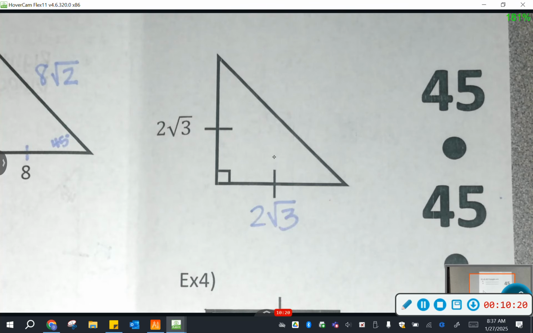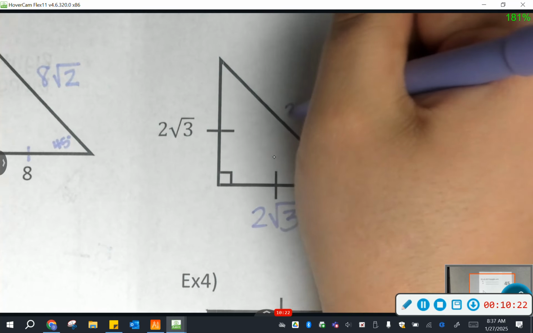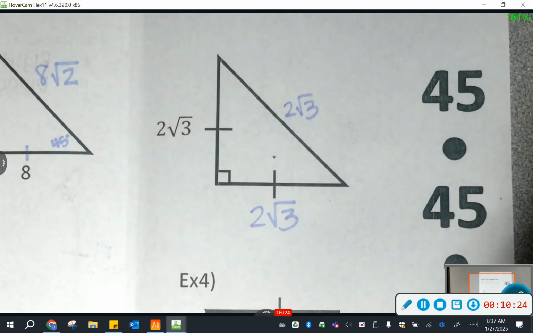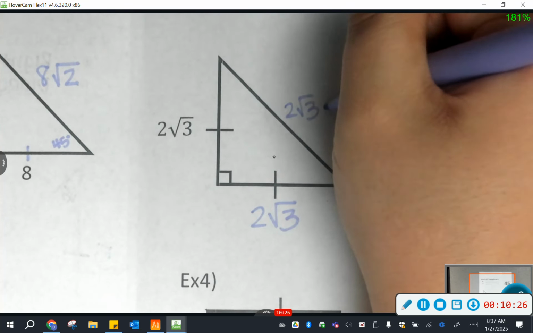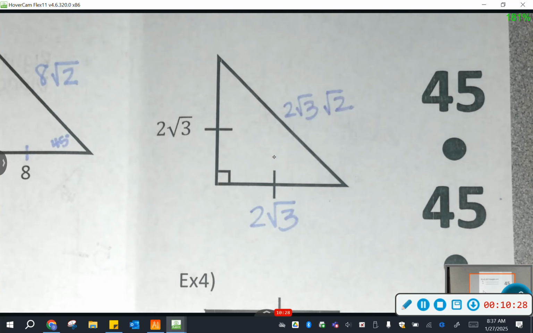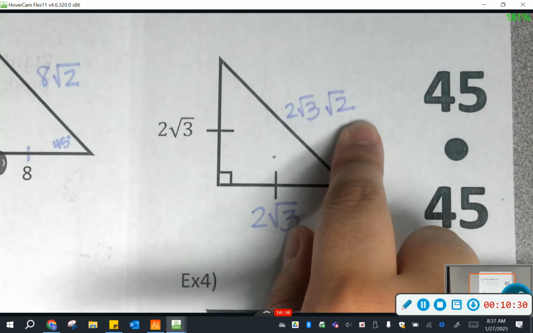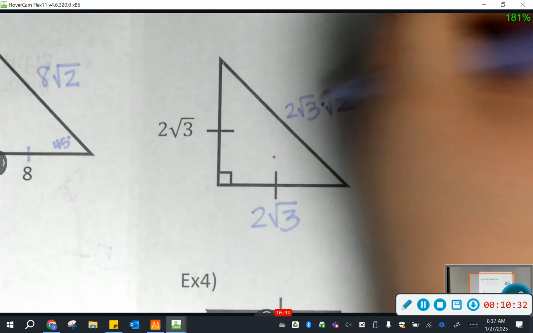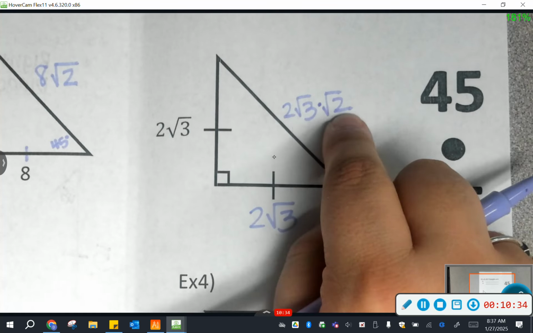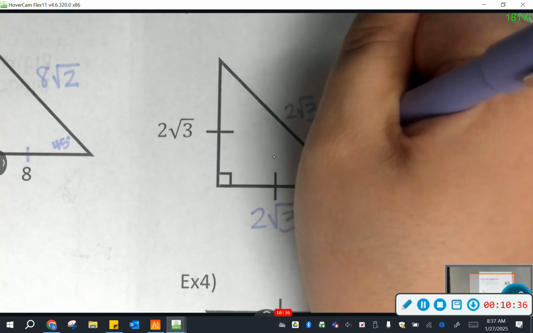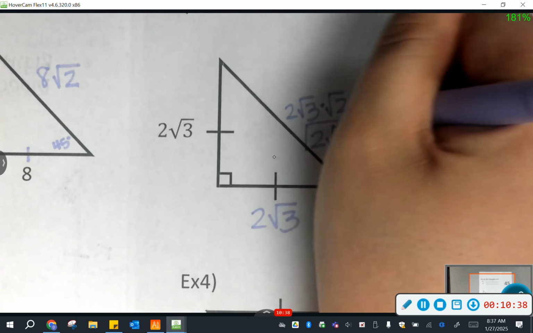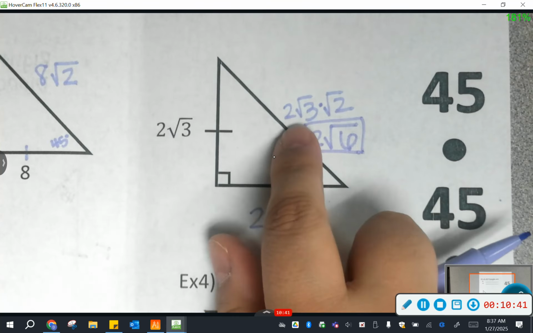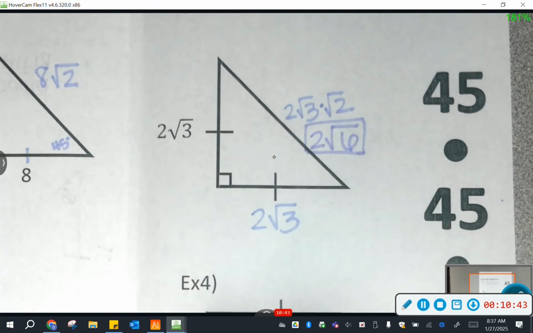You don't do the outside, only do the inside. 2 square root of 3, what did we add onto it? Square root of 2. Now that looks really funky, right? But I can multiply those. What is square root of 3 times square root of 2? Square root of 6. Don't multiply the outside number though, only the ones under the radical.